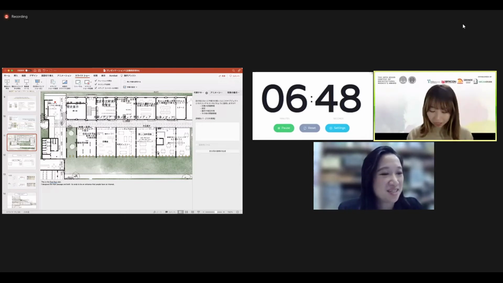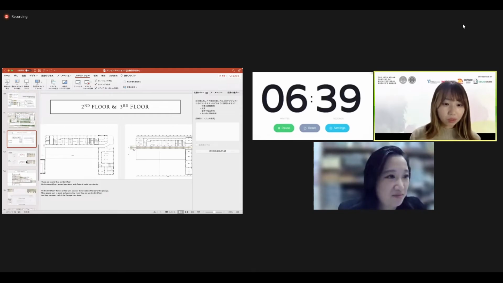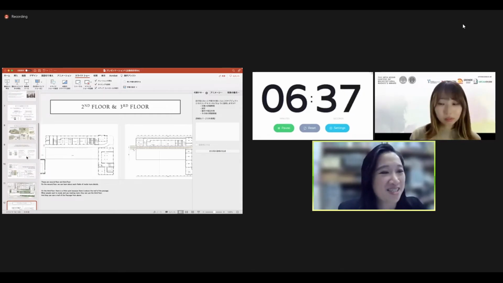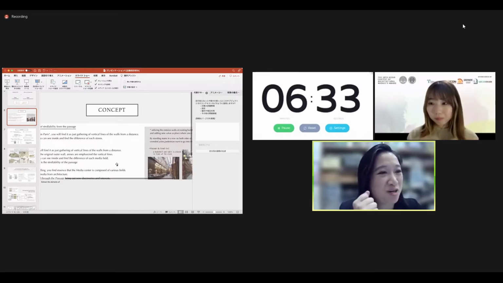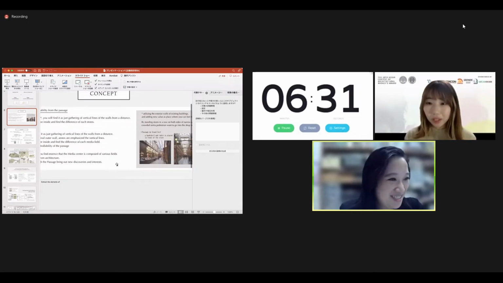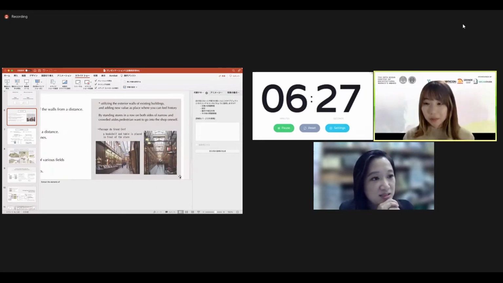Why is the passage so important? Because it seems like just a normal passageway in the drawings, so that's why I want to know more about it. Here is a passage in Paris.